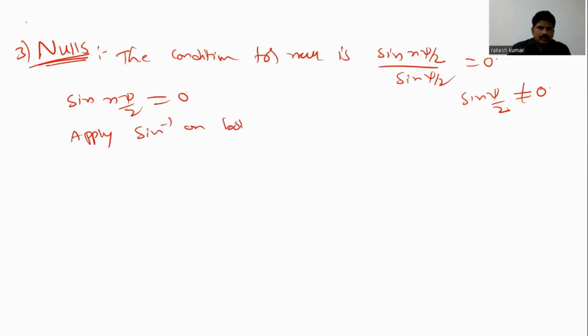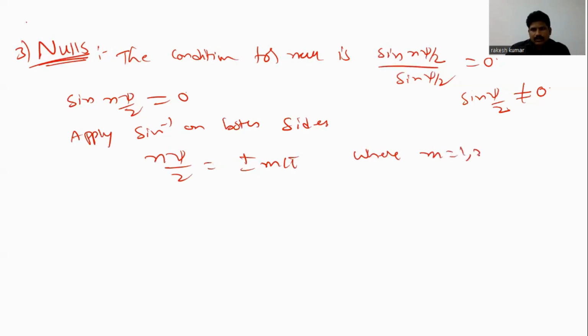So on both sides, what you will get? N psi by 2 is equal to plus or minus m pi, where m is equal to 1, 2, 3, and so on. Okay, so I am substituting the value of psi. Psi is equal to beta d cos phi minus 1.